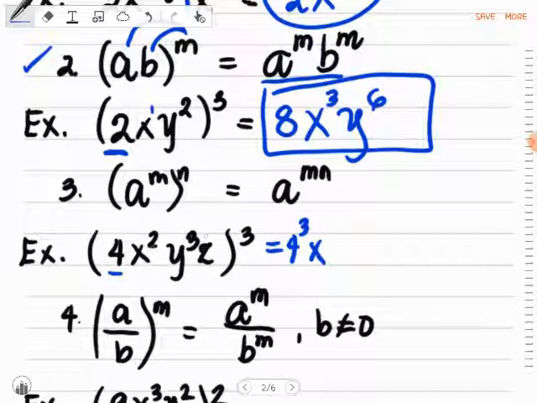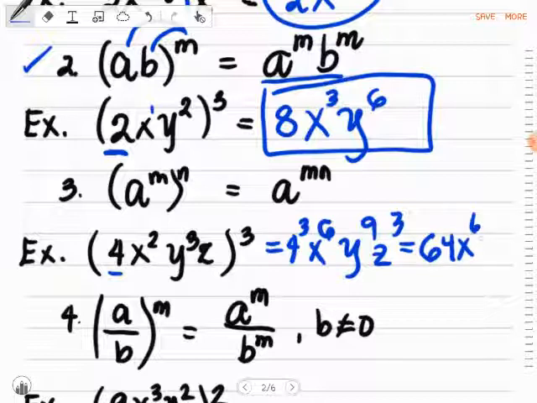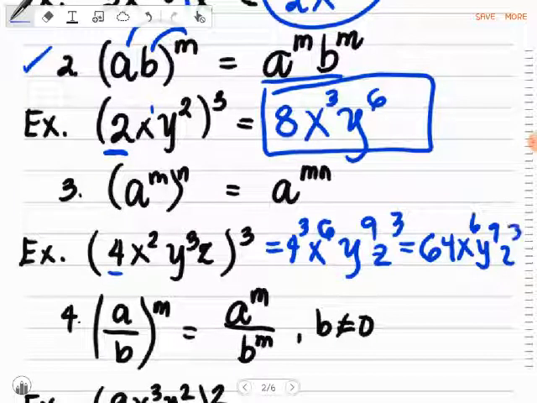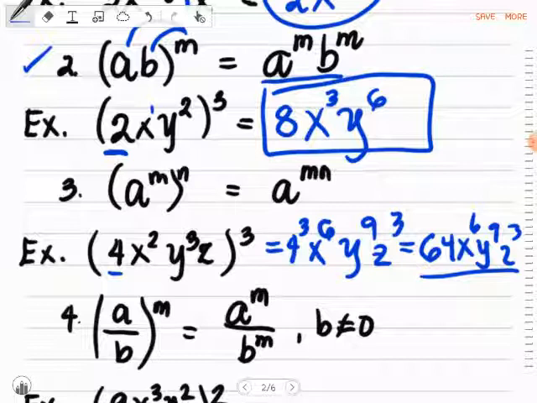X, then 2 times 3 is 6, y 9 because 3 times 3 is 9, and z cubed. And then what is 4 cubed? That's equal to 64, I think. So we have 64 x raised to 6 y raised to 9 and z cubed. So this will be our answer for this particular example.